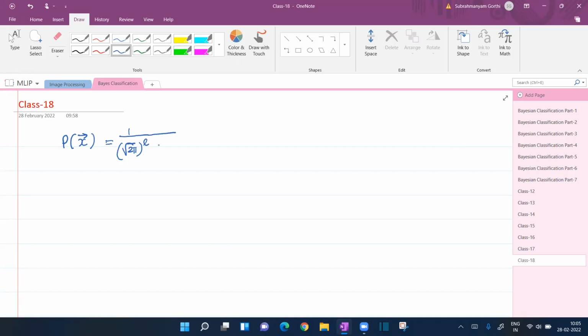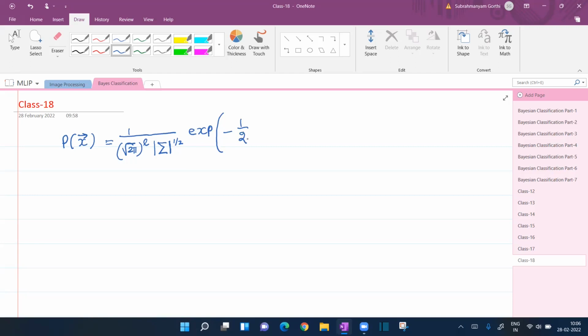In 1D you have sigma square under the root, but here a summation matrix will be there, representing the variance, and you take the determinant there, and exponential of minus 1 by 2.